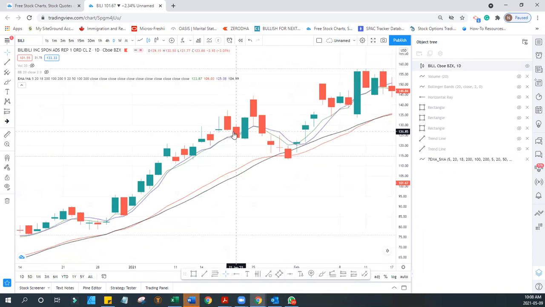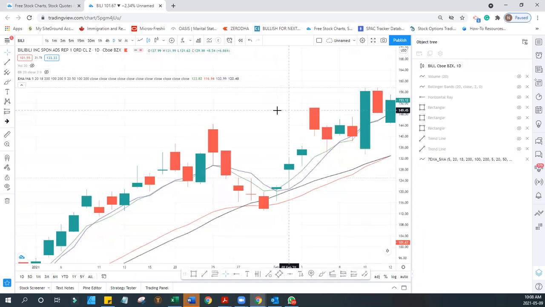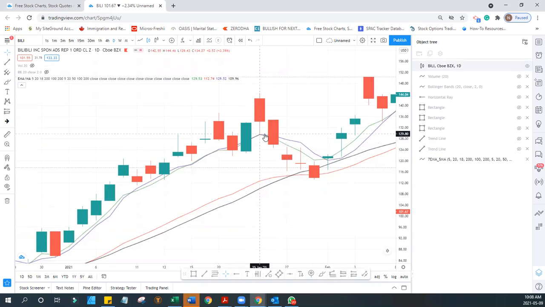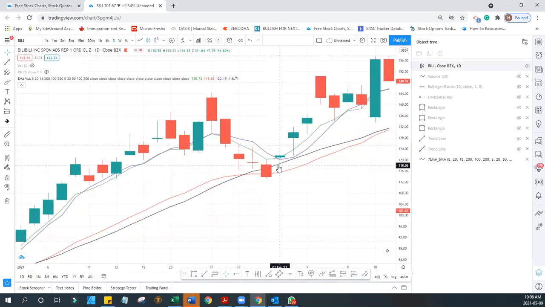It is always closer to the price. When the price fell here, the EMA was the one going along with the price, and when the price went up, the green one was up, whereas the purple one, which is the simple moving average, was a little bit lagging behind.